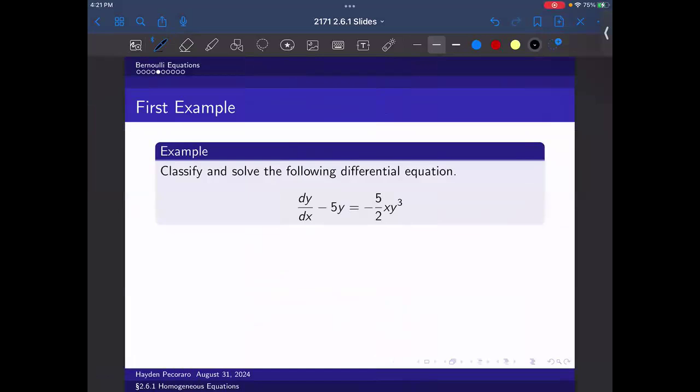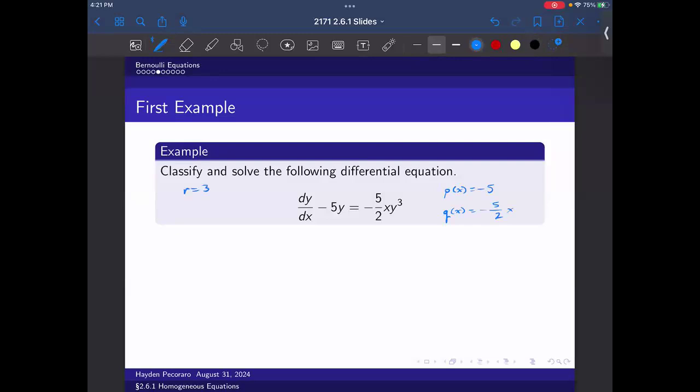So to start this one, we want to make sure that we identify everything, right? So we need P and Q. So there's P, there's Q, and now we have R is 3.